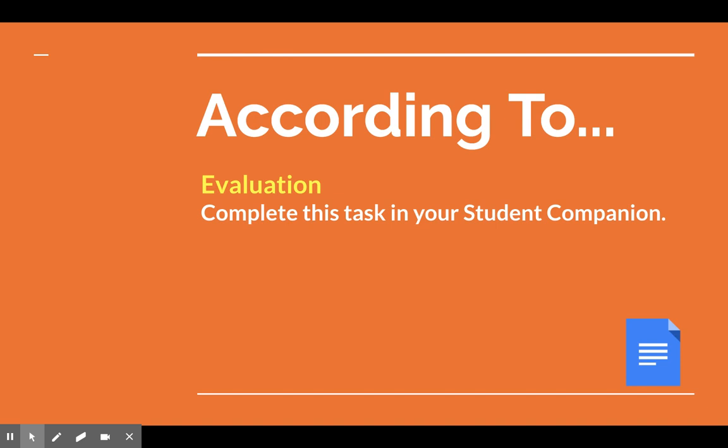So the first thing that you guys are going to do is write the scenarios in order of likelihood from least to greatest after 3 years. So which one is least likely to happen or most likely to happen? You're going to write them in order. And then you're going to name another chance experiment that has the same likelihood as one of the scenarios. So you're just going to come up with another situation that would also match what was given. So we'll pause here for about 3 minutes for you to complete the evaluation activity.